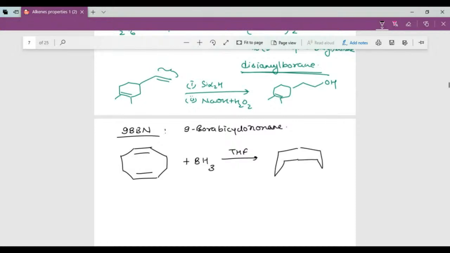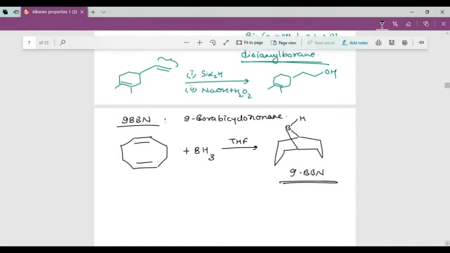As you can see, these are the 8 carbons, and on the 9th junction there is this boron. This is our 9-BBN. It is even more sterically crowded than our disiamyl borane. So you can use 9-BBN for the same purpose, that is very selective attack on non-substituted pi bonds if you have more than one in a compound to react. Okay, so I introduced you to two more, that is disiamyl borane and 9-BBN.